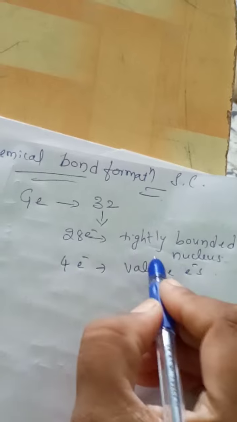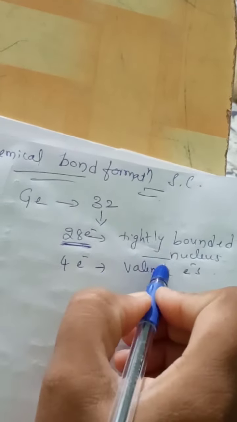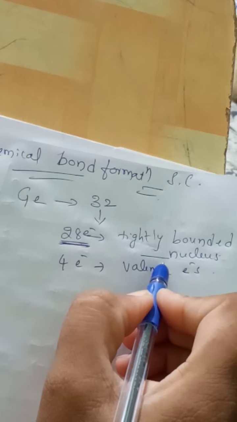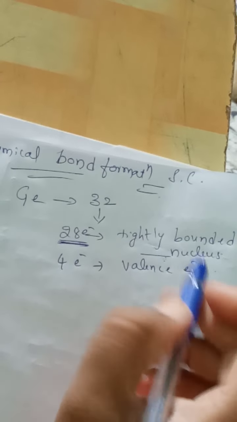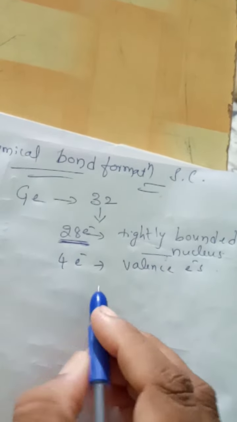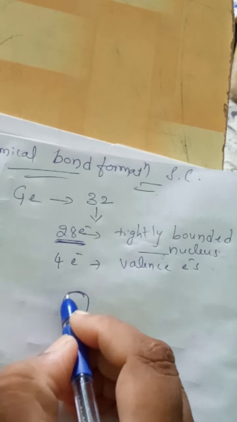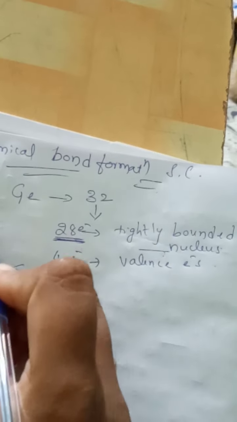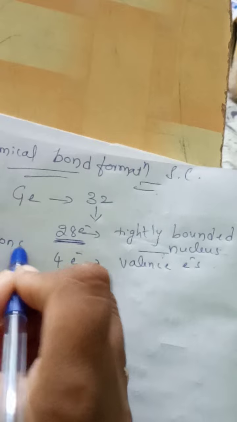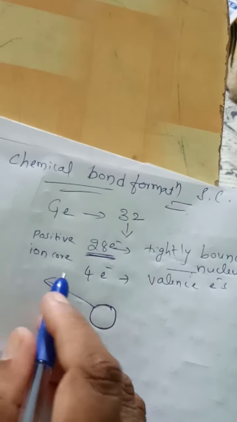Now these 28 electrons which are tightly bound to the nucleus lie in the innermost orbits, and they form an ion core. The circle which I am drawing is nothing but the positive ion core.